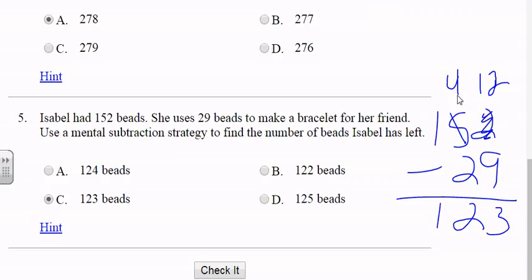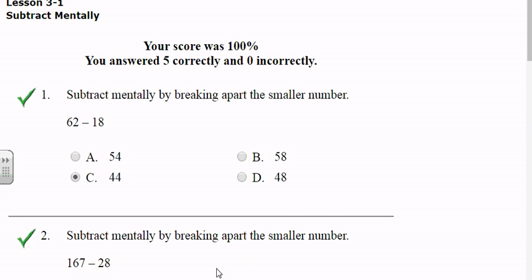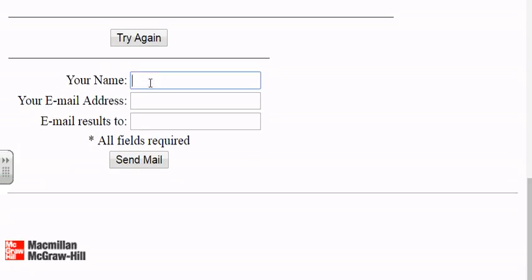And then when I'm done with all that, I click on the button that says check, and I get 100%. If you scroll all the way down to where it says your name, you would type your name, maybe your parents' email address would be okay, or the one that you have that says your first name, last name 001 at cusdstudent.com.